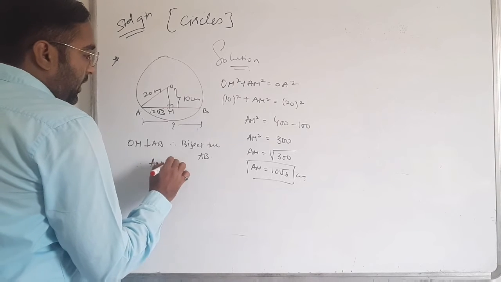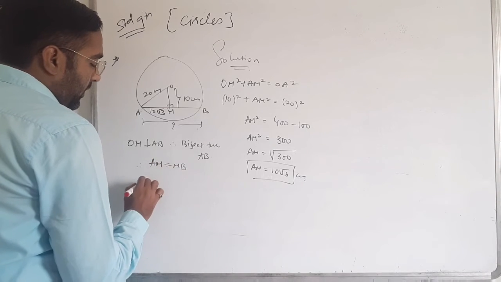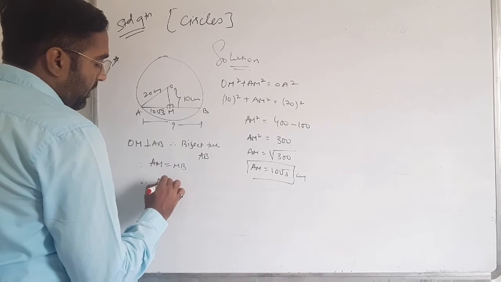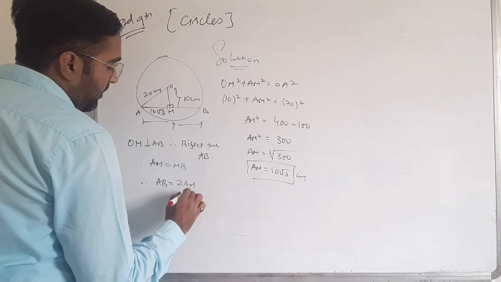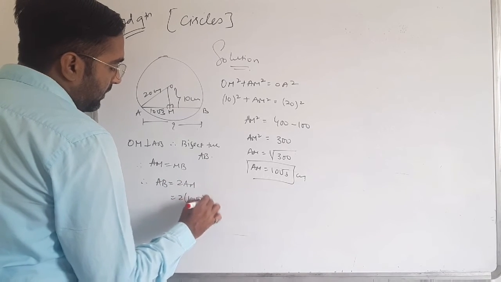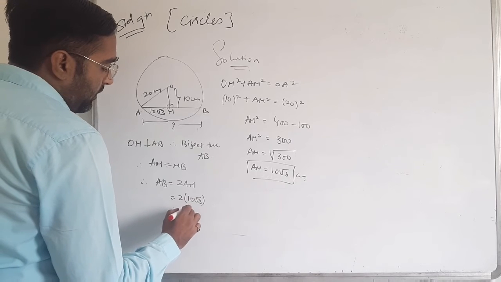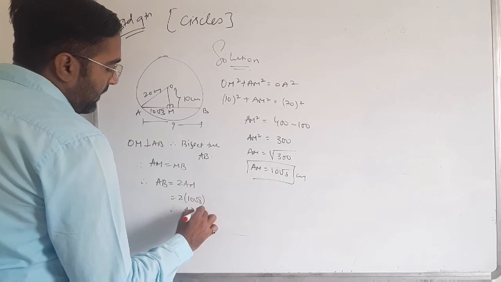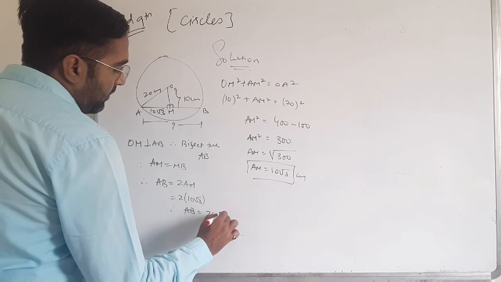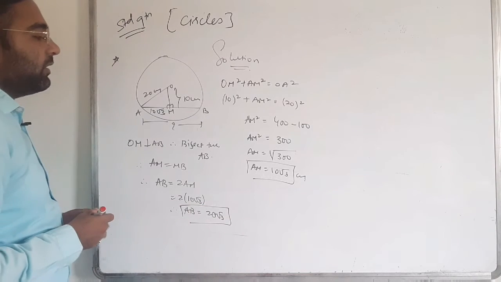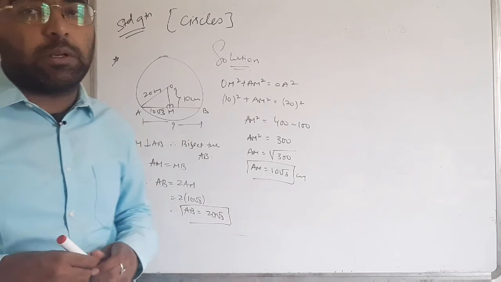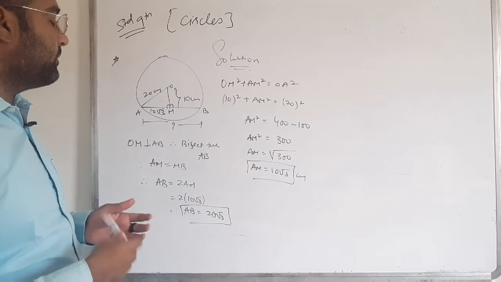Therefore AM is equal to MB, so AB is equal to 2 times AM, that is 2 times 10 root 3. Therefore length of AB is equal to 20 root 3. Clear that? Length of AB is equal to 20 root 3. Clear?